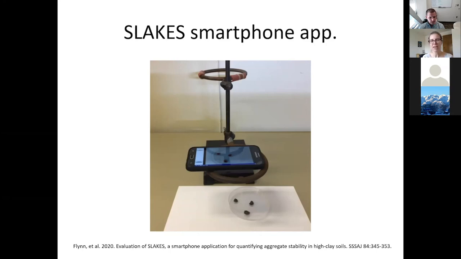Basically, it measures how quickly those little pieces of soil dissolve in the water. And so it measures the increasing bands or zones of cloudiness around that little lump of soil. This is a recently published paper that also did something similar to us, right? They compared this test to various other ways of measuring aggregate stability, and it won hands down.